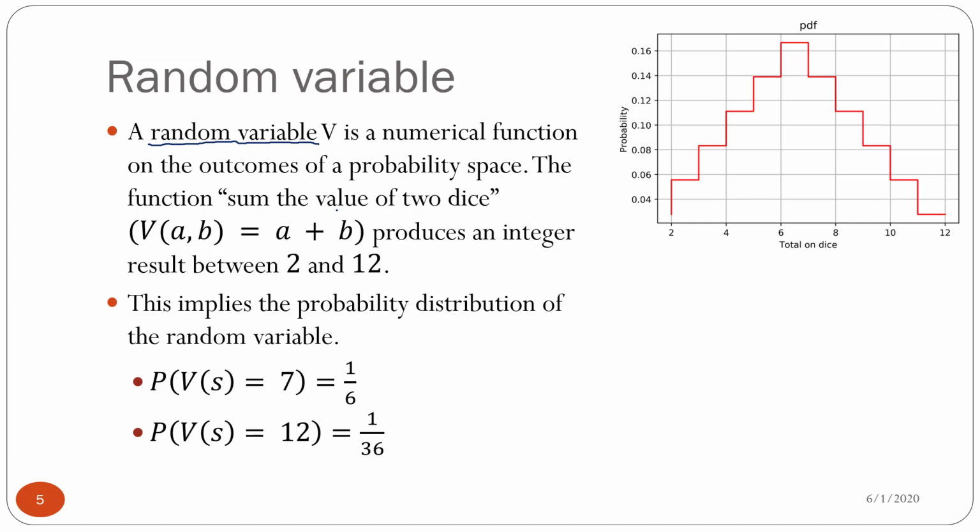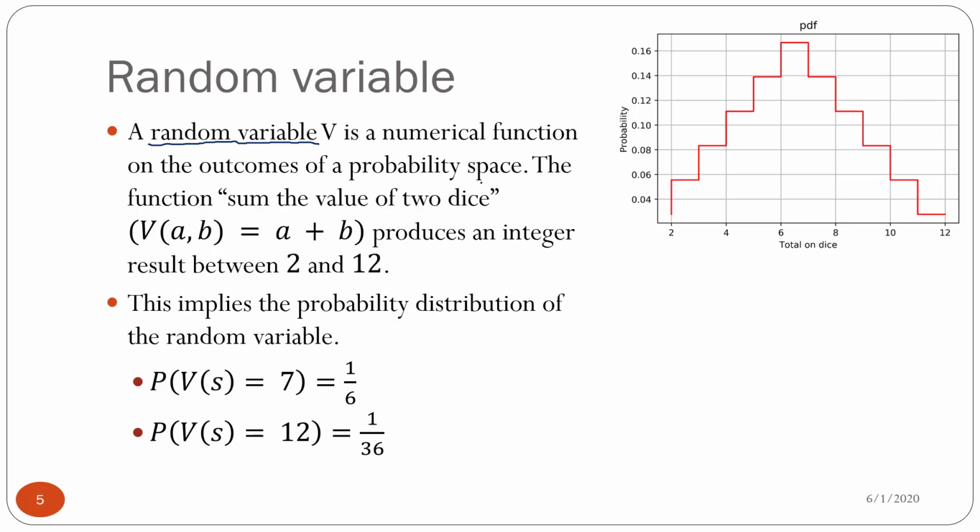The purpose of a random variable is to map the outcomes of the random events or random process to some number, and then deal with those numbers. That's what we are trying to say here: a random variable V is a numerical function on the outcomes of a probability space.